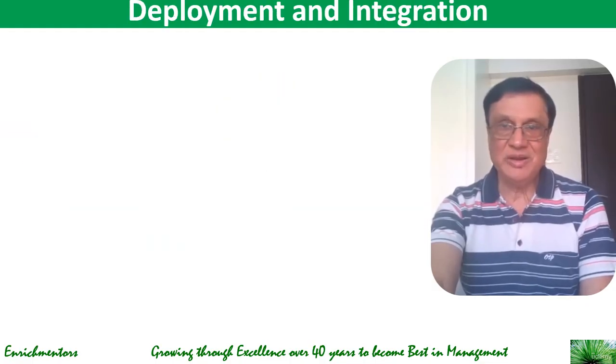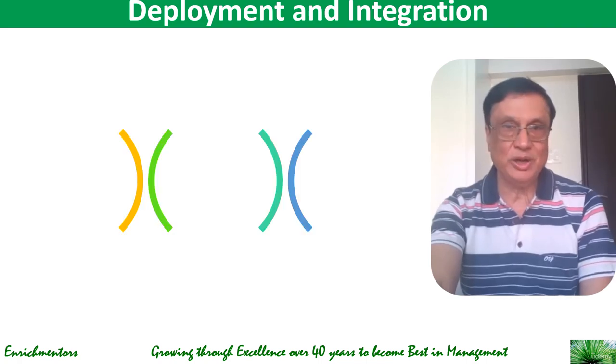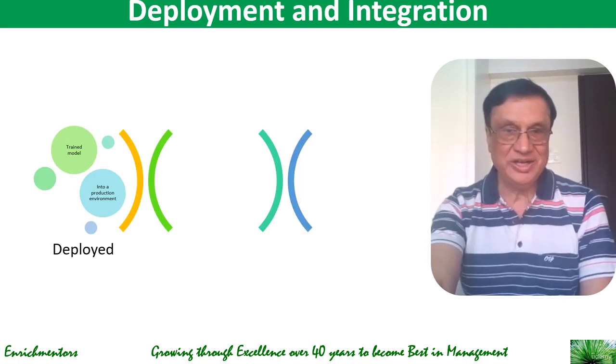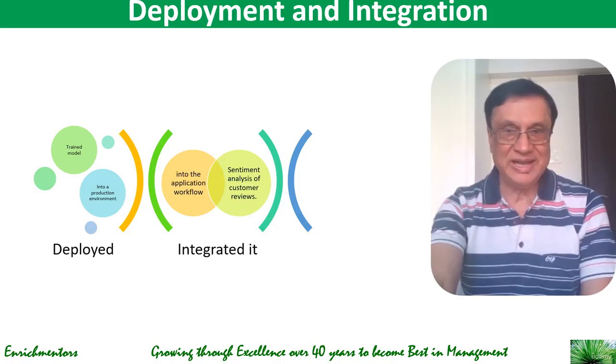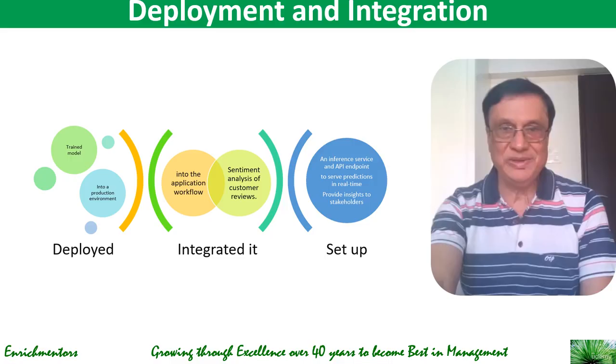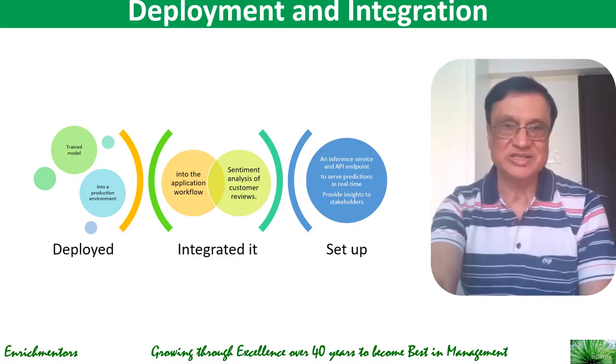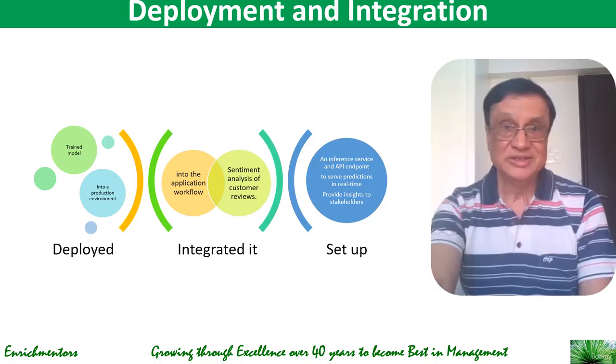Then finally, the deployment into production and real life integration. They deployed the trained model into a production environment and integrated it into the application workflow for sentiment analysis of customer reviews. And then they set up an inference service or API endpoints to serve predictions in real time and provide insights to stakeholders.